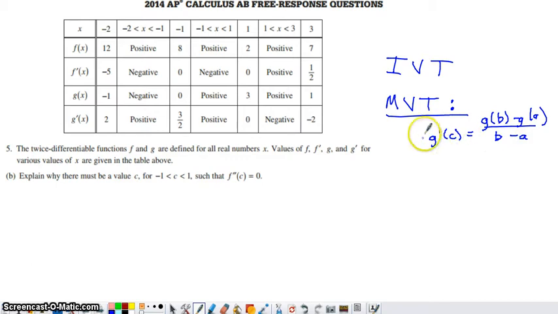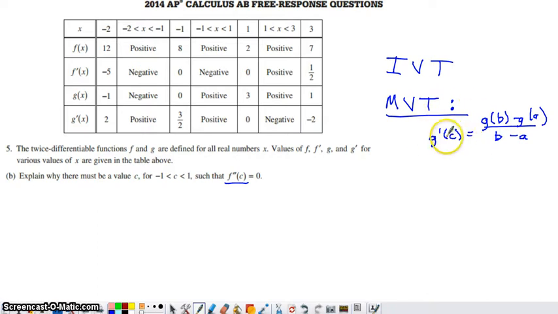So this says the average rate of change of a function is going to equal the instantaneous rate of change as long as that function is continuous and differentiable on the interval you look at. Here it asks us to say that a derivative has to equal a certain value, so I'm going to try to see if we can go with the mean value theorem here.